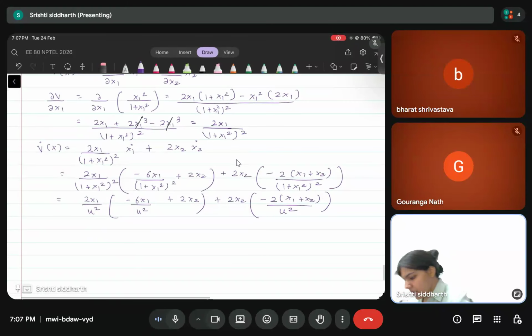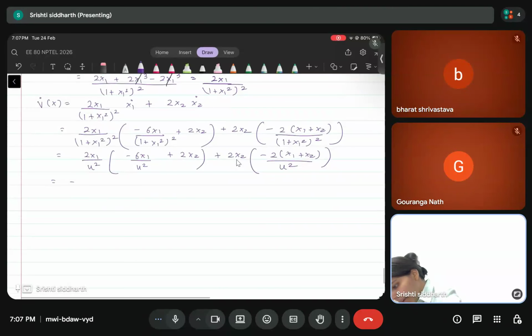Now let's expand these terms. So this is minus 12 x1 squared, plus 4 x1 x2 by the denominator squared. Then we have minus 4 x1 x2, and minus 4 x2 squared. So these terms get cancelled and we have minus 12 x1 squared by the fourth power, minus 4.